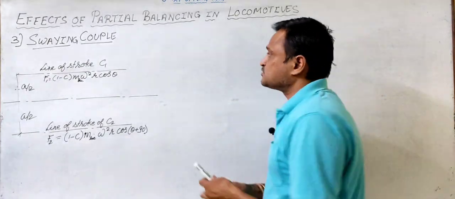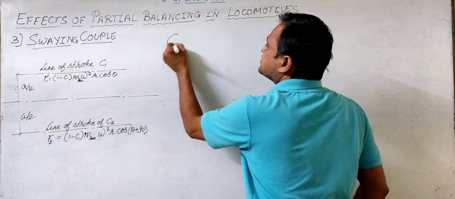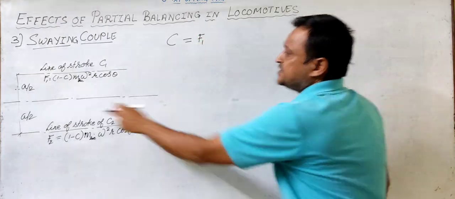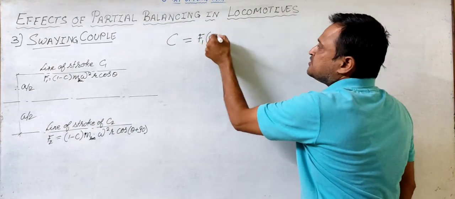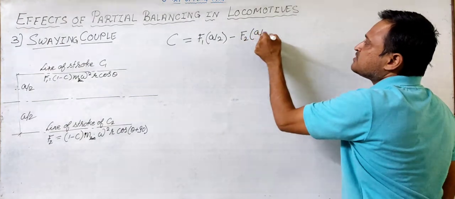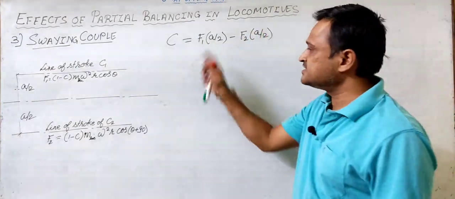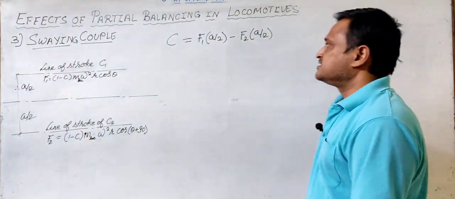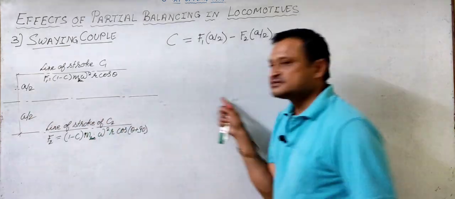So what will be the total couple in the system? This will be F1 into a by 2 minus F2 into a by 2, since F1 and F2 act in the opposite sense about the center axis.